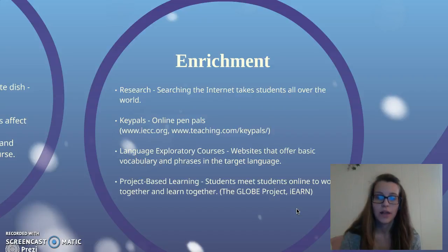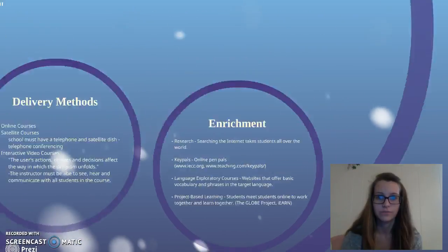There's also language exploratory courses, which are websites that offer basic vocabulary and phrases in the target language. There's also project-based learning, where students meet other students online to work together and learn together. A couple examples of these are the Globe Project and iEarn.